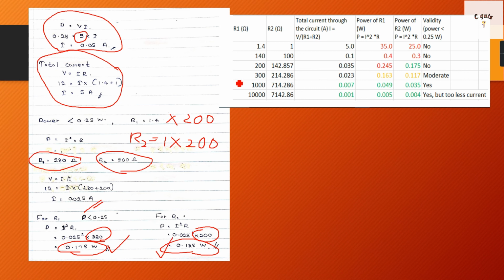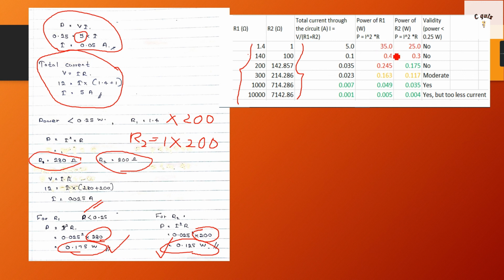In this graph you can see I use some values. I changed the values of R1 and R2 in order to get values for the current and also the power. Here you can see the output.